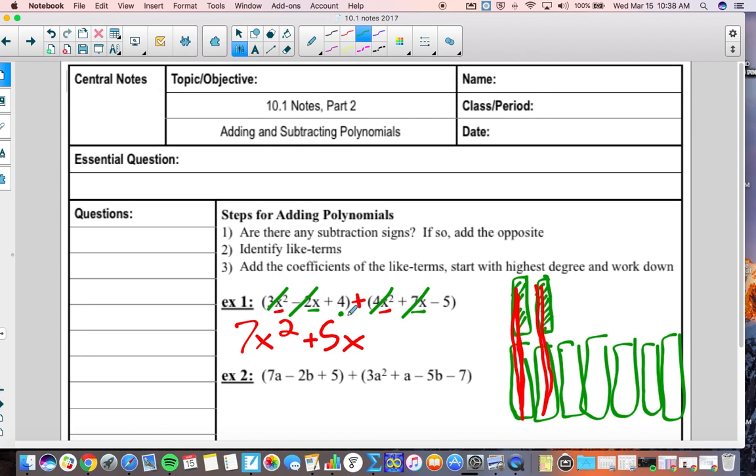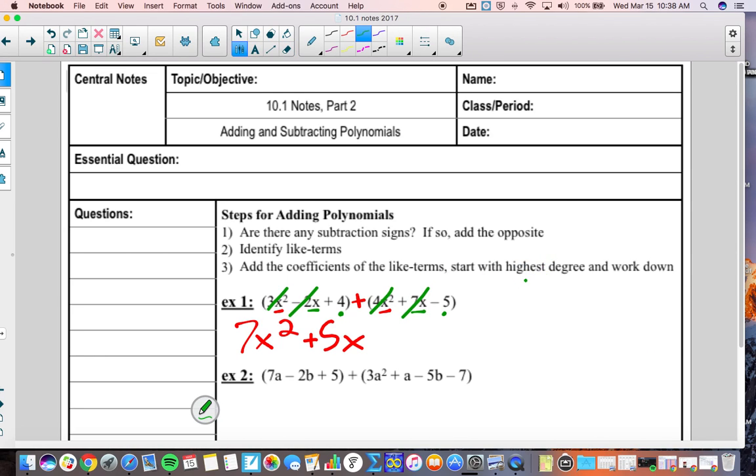Lastly, we have to combine or add 4 with negative 5. Constants or plain old numbers are also like terms. So we could think of this as like a small little square, or to do it quickly, I make little circles because it's faster for me to make a little circle than a little square. So I have 4 positive circles, I have 5 negative circles from right there. So I'll fill them in just to make them a different color.